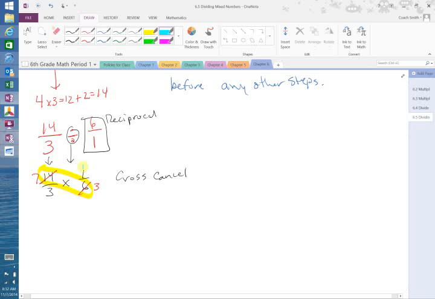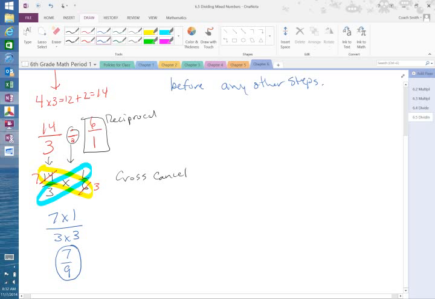Is there a common factor between 3 and 1? Well, there is 1, but it doesn't help us, so we don't do anything with it. So that gives us 7 times 1 on top and 3 times 3 on bottom. And that gives us what? 7 over 9.